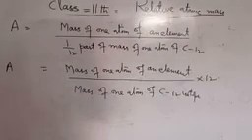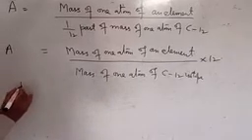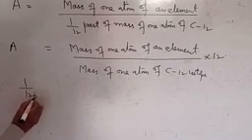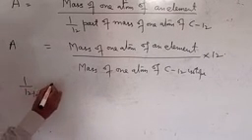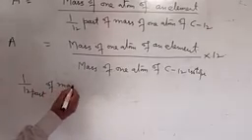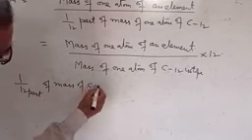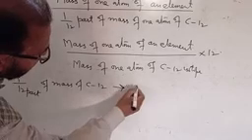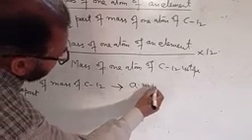Now 1/12 part of the mass of a carbon-12 atom is known as AMU, atomic mass unit.